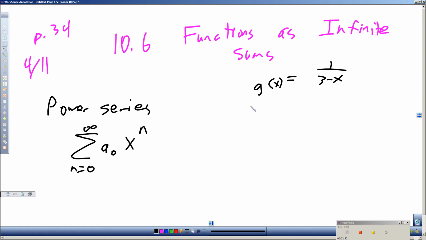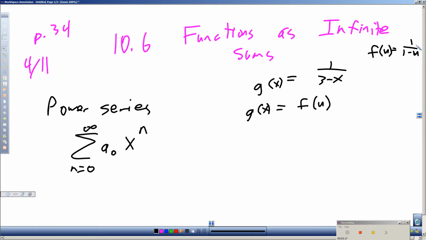So first thing, g of x equals f of u, where f of u is equal to 1 over 1 minus u.